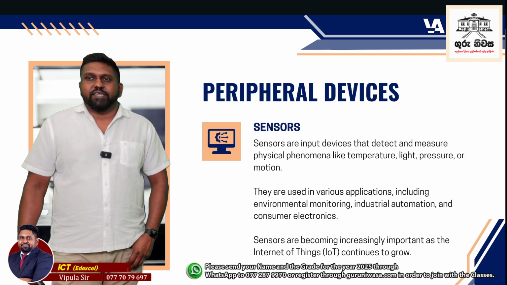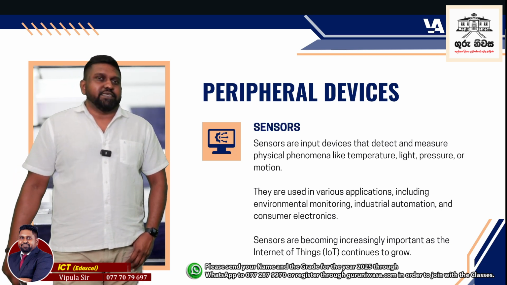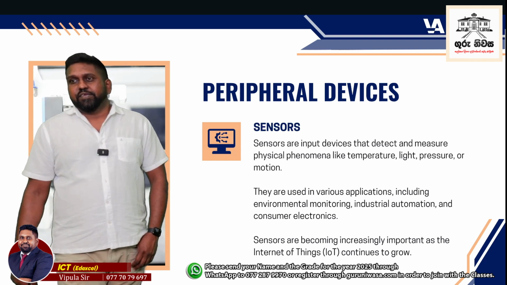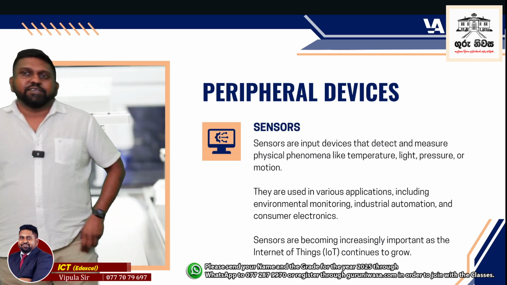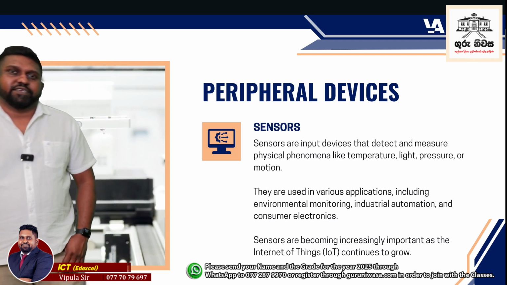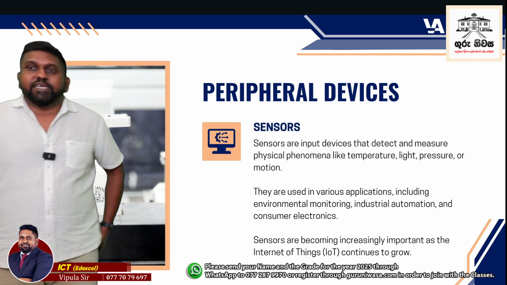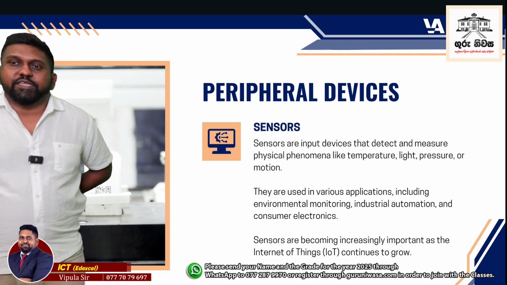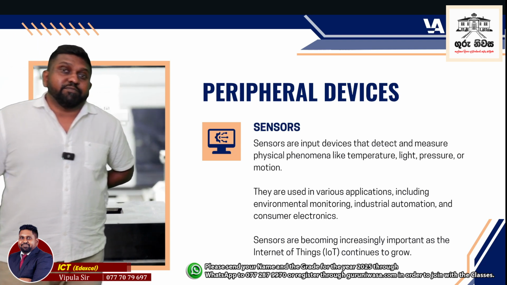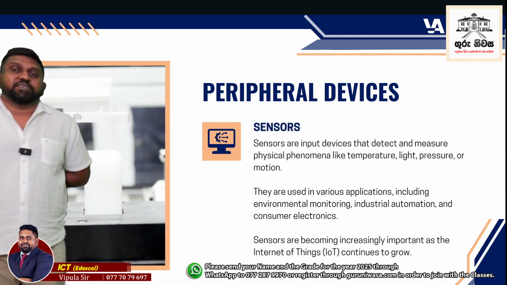It can be temperature, light, motion, pressure, or any other physical thing which we cannot detect without having a sensor. They are used in various applications, including environmental monitoring, industrial automation, and consumer electronics.